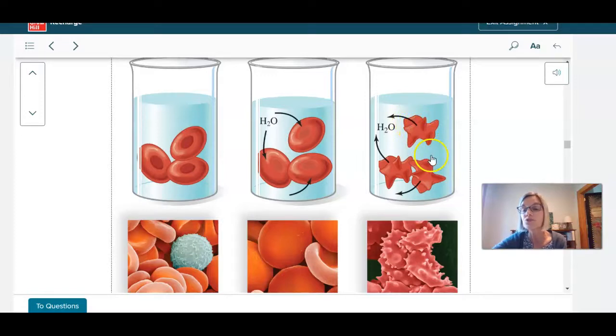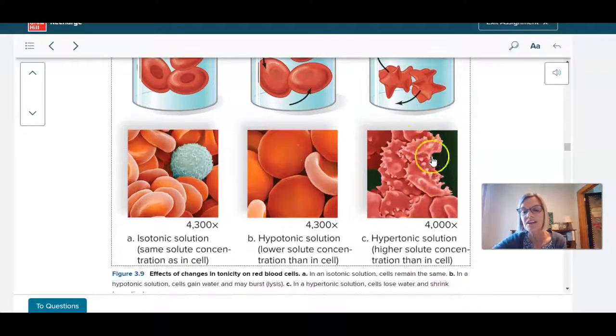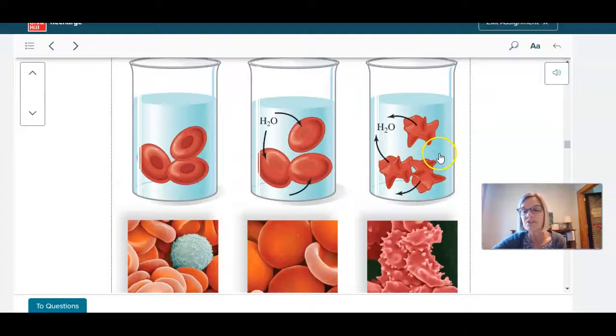So my cells are going to shrivel up, and there's a word called crenate or plasmolyze. You hear both of those words, but you can just say shrivel up if you want. And these cells are going to shrivel up, and you can imagine that that's not a good thing. Again, if somebody had too much salt, it could cause cells to shrivel up.